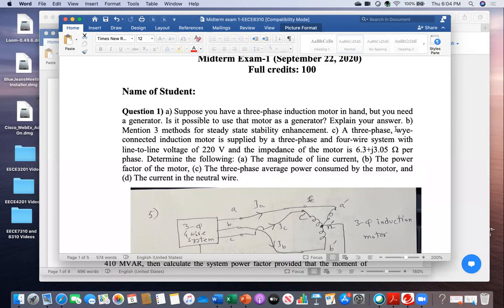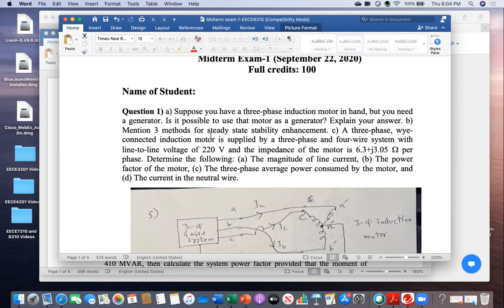It will produce energy. In other words, you have to create the negative slip. In order to achieve the negative slip, you have to make your rotor speed higher than the synchronous speed. Then it will start working as a generator. So that is the explanation.